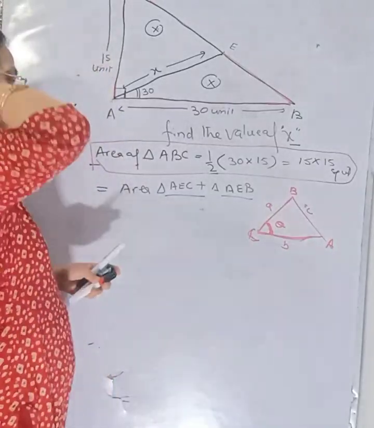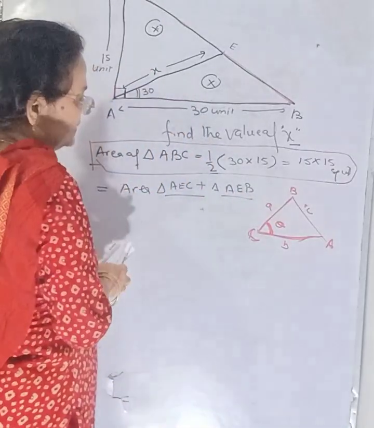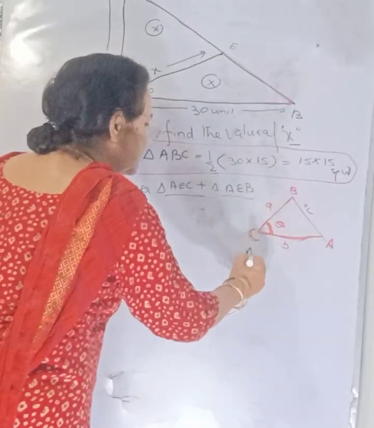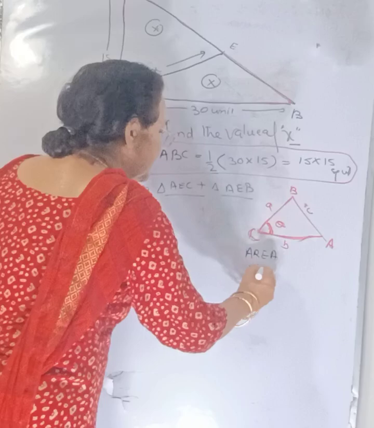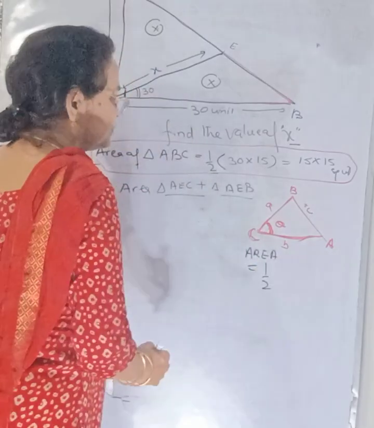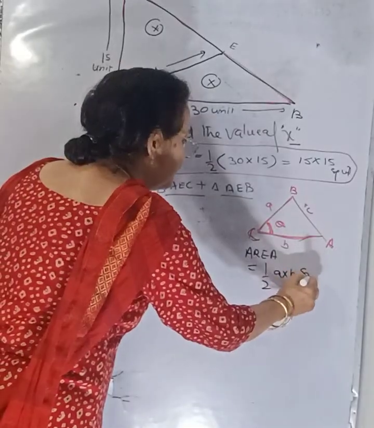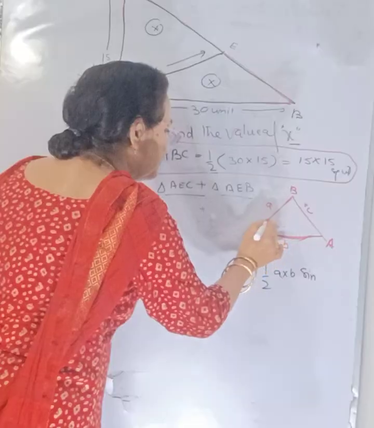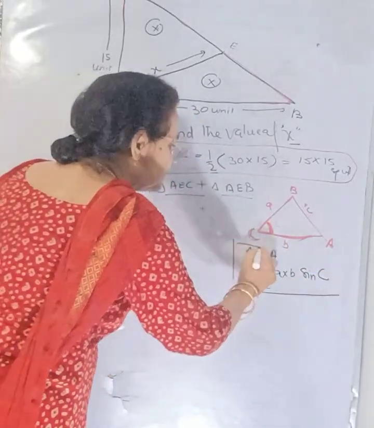Then the area of such a triangle can be written as 1/2 A into B sine of C. This is sine of C. This is the formula.